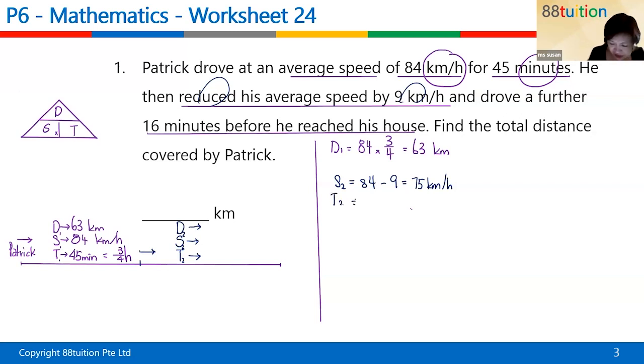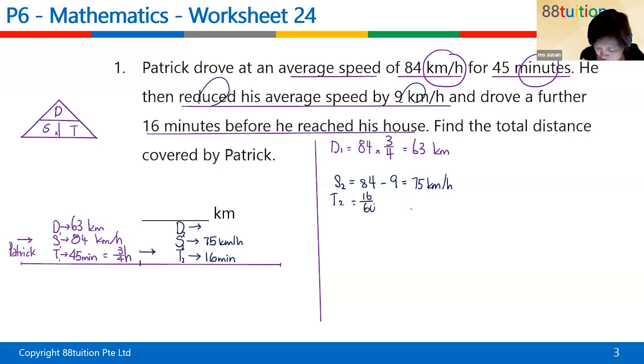For time 2 is 16 minutes, right? So this one is 16 minutes, this one is 75 kilometers per hour. D, which is unknown, right?